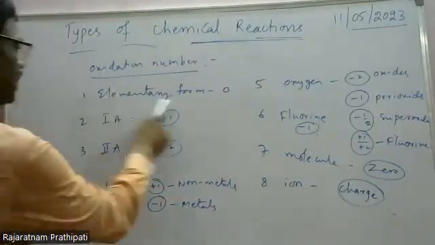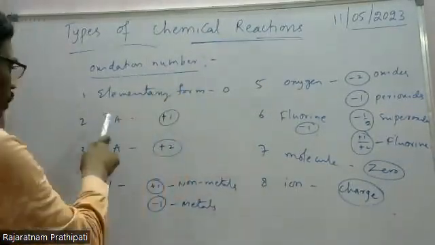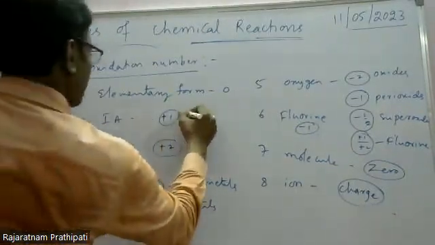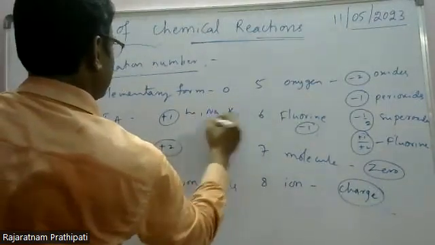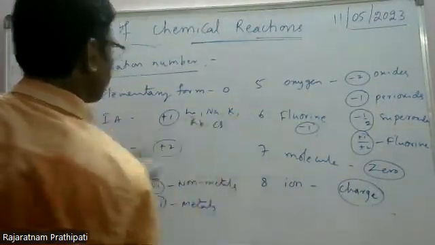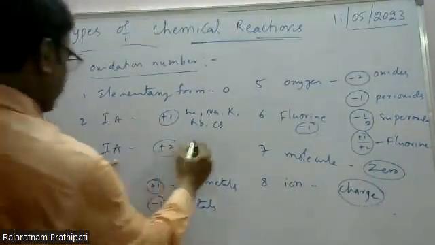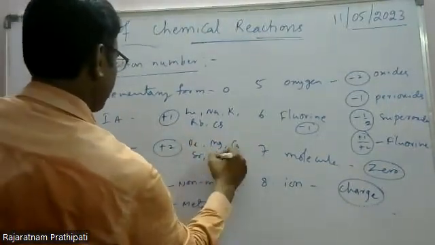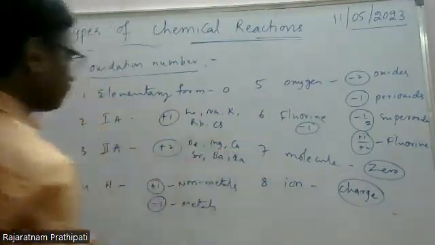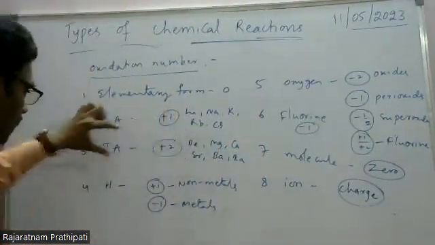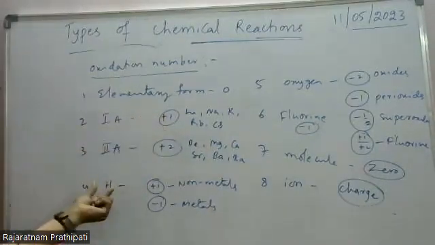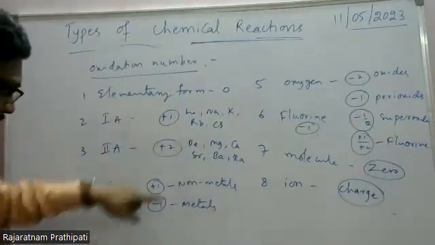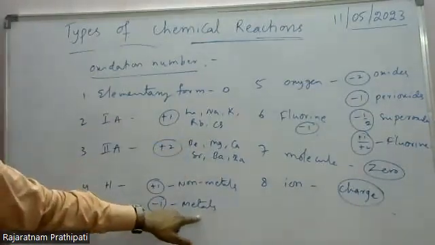Once again, elementary form is always 0. 1A group elements always exhibit +1: lithium, sodium, potassium, rubidium, cesium. 2A group elements, beryllium, magnesium, calcium, strontium, barium, radium, are always +2. Hydrogen exhibits two different types: +1 with non-metals and -1 with metals.